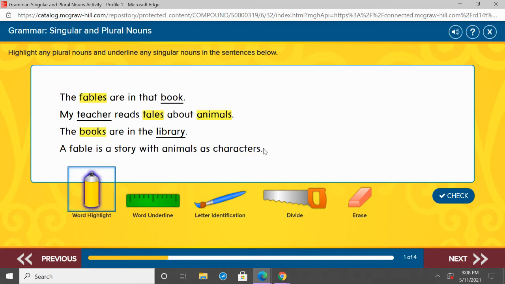I see characters has an S, talking about more than one character. I see animals has that S, talking about more than one animal. And I see story, but it's only talking about one story, so it's singular, so we underline. And fable is only talking about one fable, so we're going to underline that as well because it is singular.